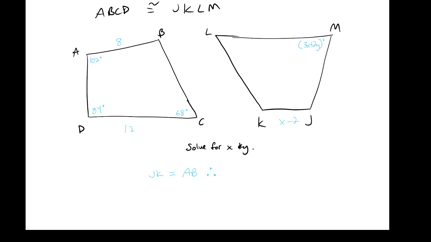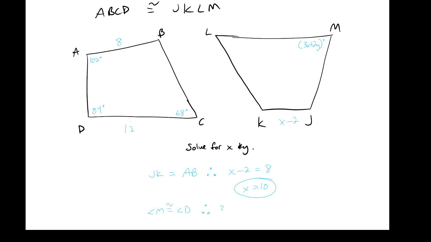Therefore, JK, which is x minus 2, is equal to 8. So we can solve for x, which is equal to 10. That's pretty straightforward. Now again, what we had just discussed, we have angle M, right, which is congruent to angle D. It's the last vertex listed.